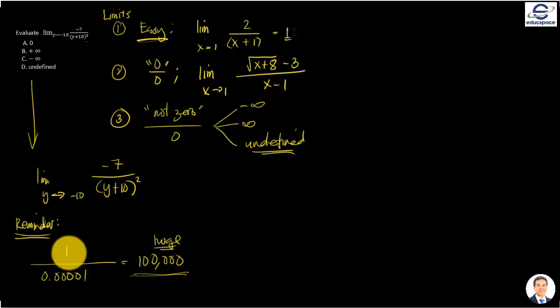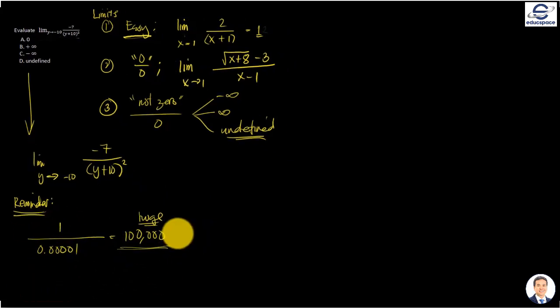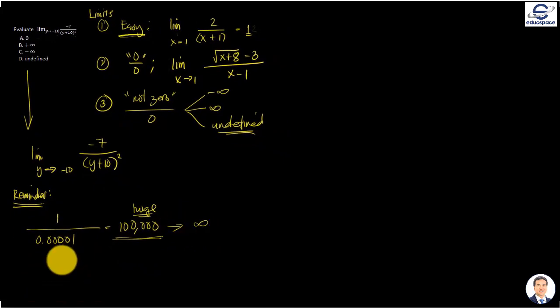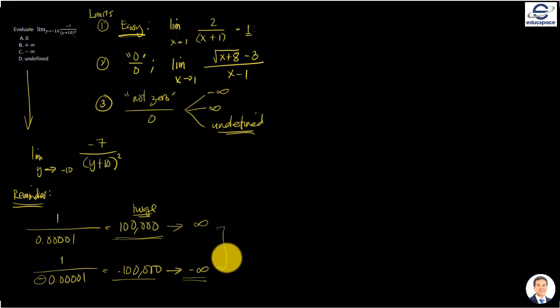So if we divide a certain number by a very small number, we have a huge number, or it's infinite. Also, if we have 1 divided by 0.0001, the same value, we have 100,000, but in this case, since we have a negative here, we have negative 100,000, equivalent to negative infinity. And if we divide these two, we have an undefined value.